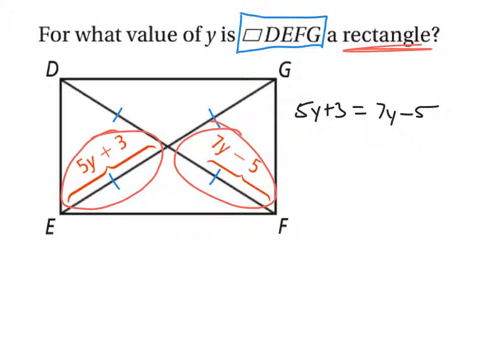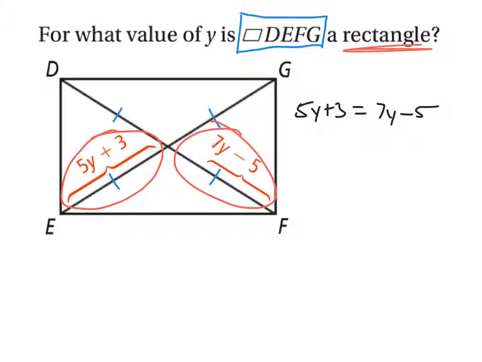Because the theorem doesn't say that part of the diagonals have to be the same length. The theorem says the entire diagonal has to be the same length. Right? And so we had to know, well, why are we able to only work with parts of them? We're able to work with parts of them because this is a parallelogram, and in parallelograms, the diagonals are bisected. Okay? They're bisecting each other.